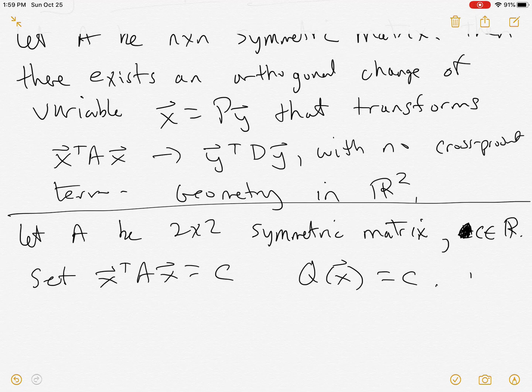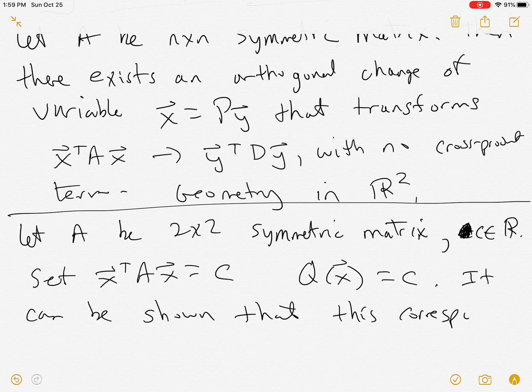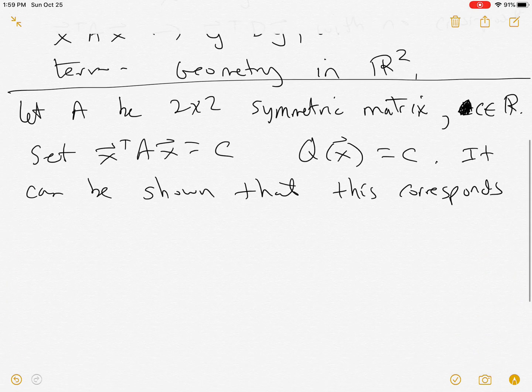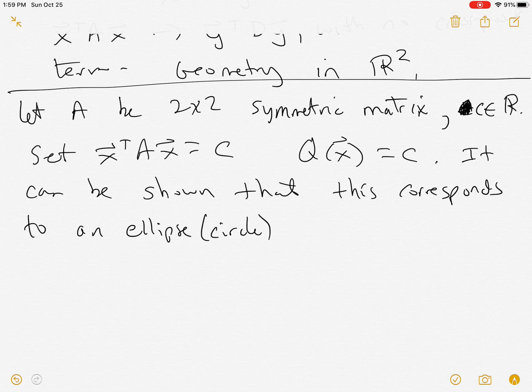And what can be shown is that this corresponds to one of the conic sections: an ellipse, which can also be a circle, right?